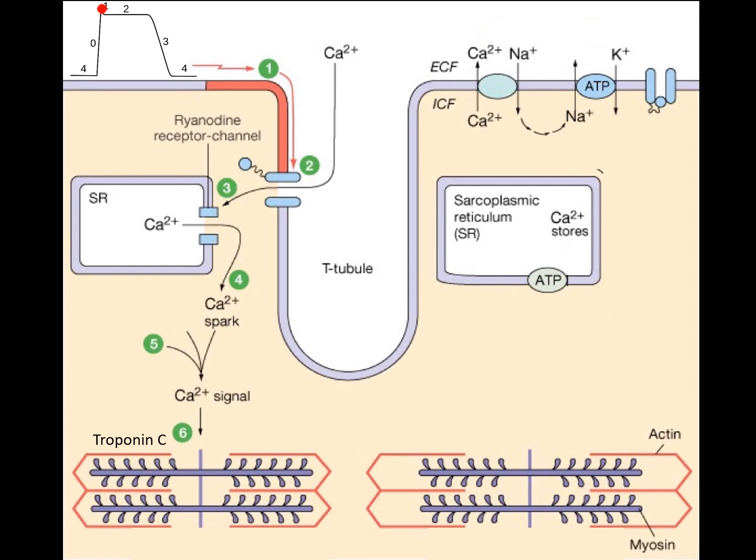This signal of calcium ions causes the actin myosin fibers to slide over each other, leading to contraction. So this contraction is happening during phase 1 and 2 of the action potential.